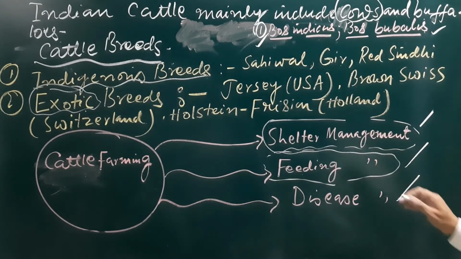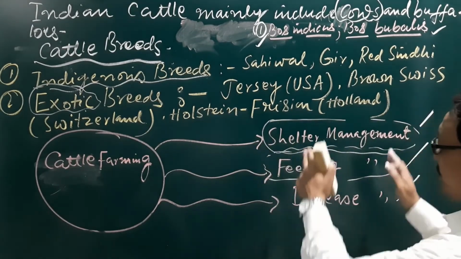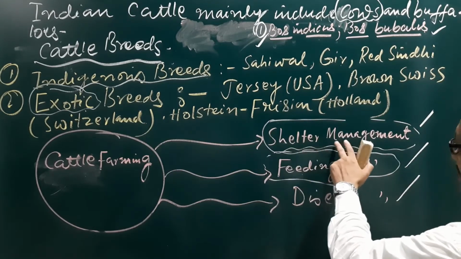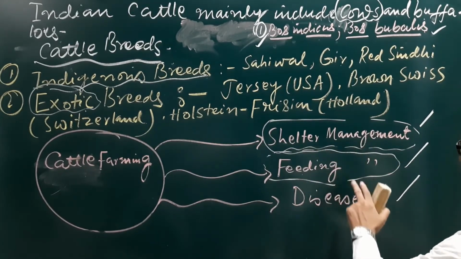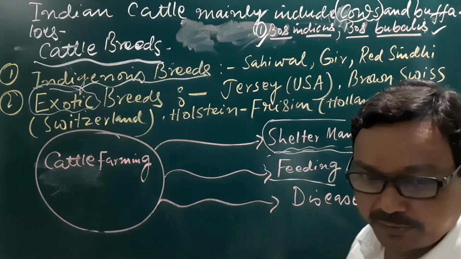That's why we may categorize cattle farming and its management into three categories: number one, shelter management; number two, feeding management; number three, disease management. Now let us look at a brief idea of all these three managements separately.